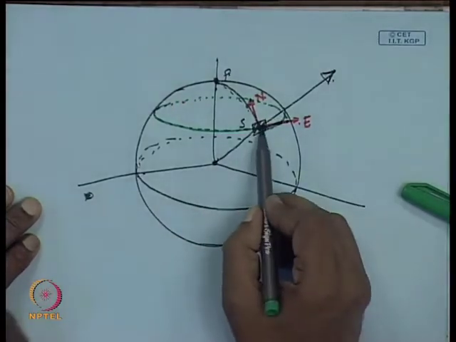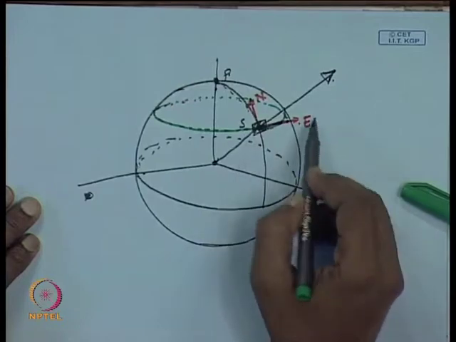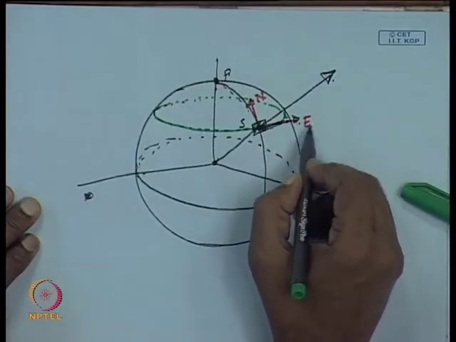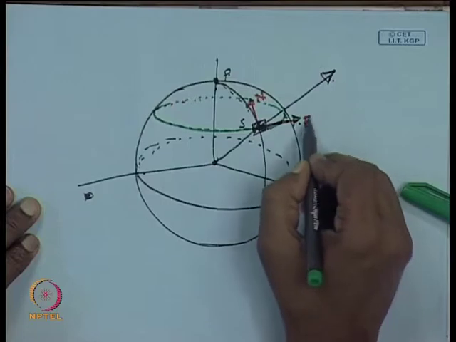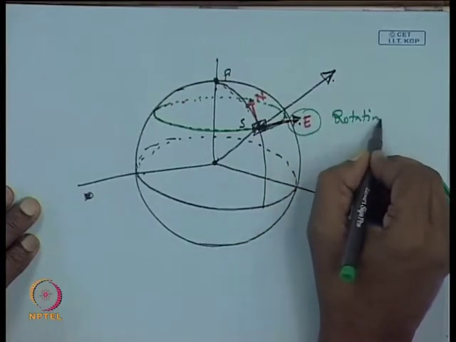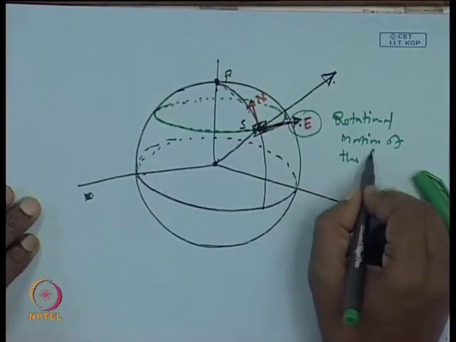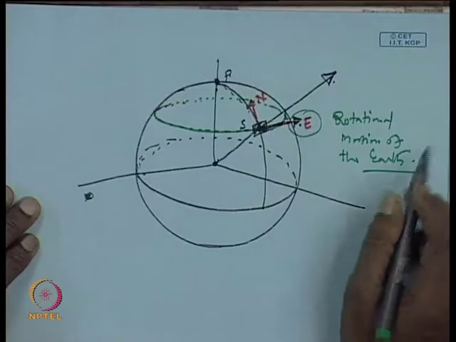You can see that in the east direction an initial velocity will be present, and that comes because of the rotational motion of the earth.